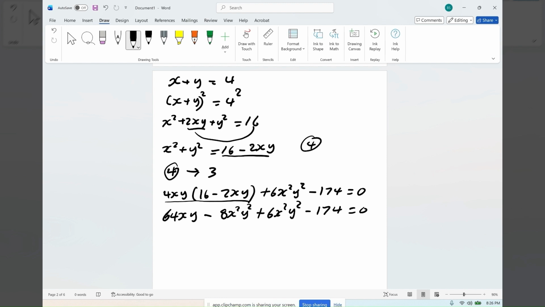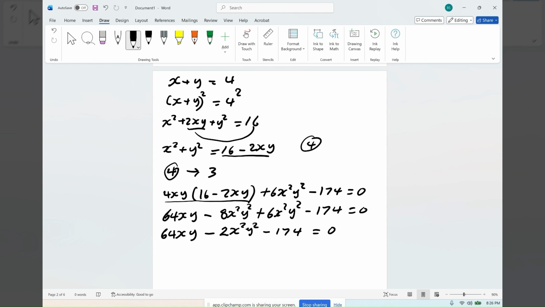And we can further expand that again: 64xy minus 8x squared y squared plus 6x squared y squared. We have minus 2x squared y squared minus 174 is equal to 0.